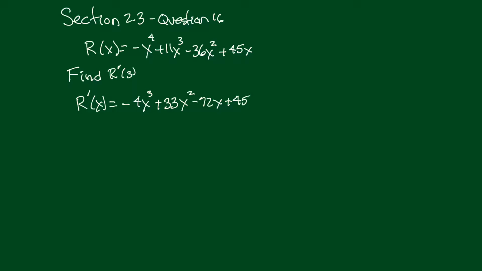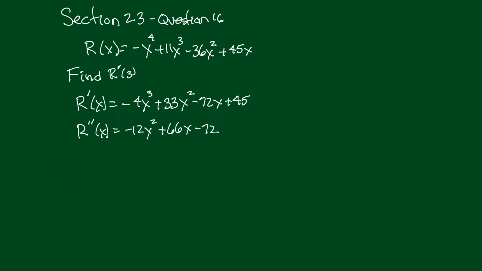So we've got the derivative of the revenue function, and while we're here, let's go ahead and get the second derivative. So R double prime of X is negative 12x squared plus 66x minus 72, and that 45 is a constant, the derivative is 0.